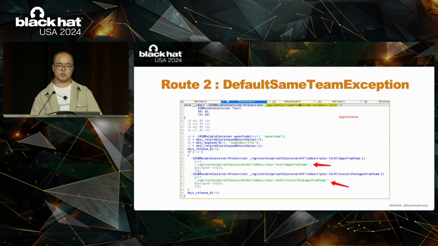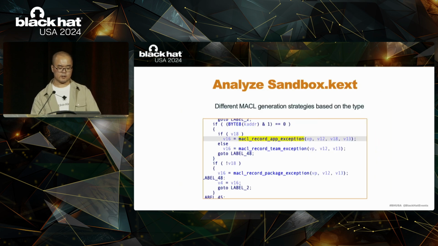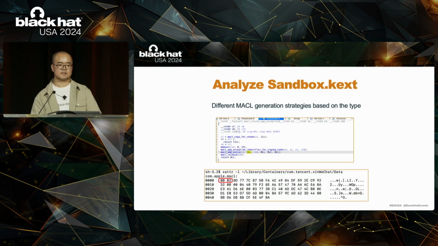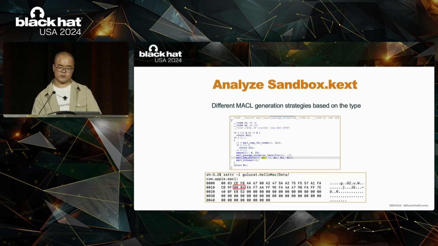For route 2, it will obtain the team ID of the launching Sandbox app and register exceptions that allow all apps and installation packages from the same team to access a folder. The Sandbox kernel extension handles the syscall. It has some verifications, and it will generate the macAL attribute based on different types. Here is a demo of type 2, type 3, and type 4.